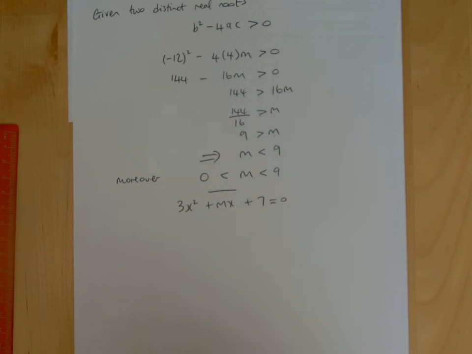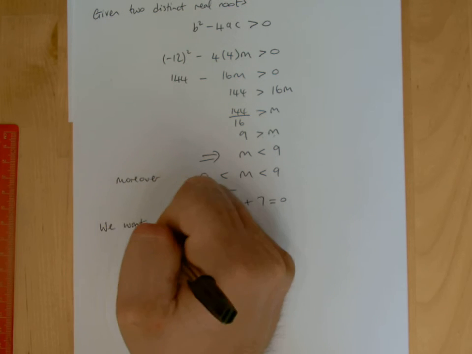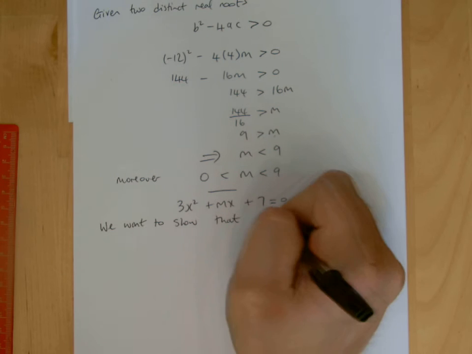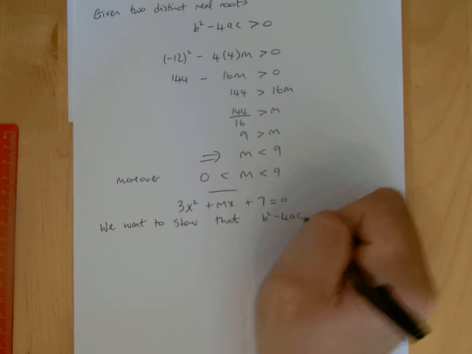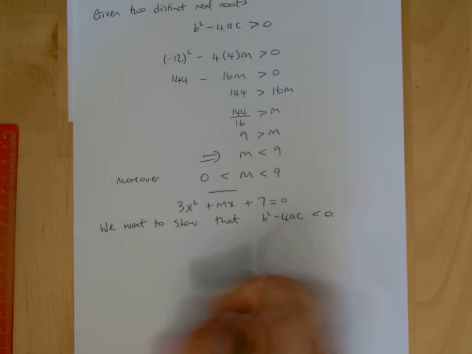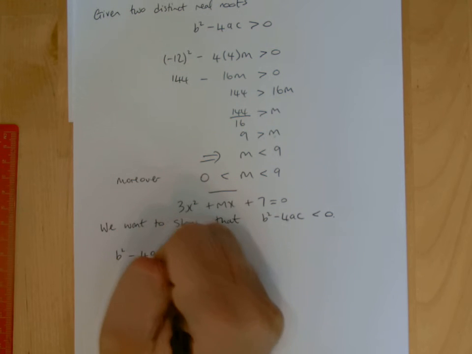So because we want to show it's got no real roots, I can't start by saying b squared minus 4ac is less than 0, okay? But we want to show that, right? We want to essentially prove that b squared minus 4ac is less than 0. So we don't start off with this statement, we just work out simply what b squared minus 4ac actually is.